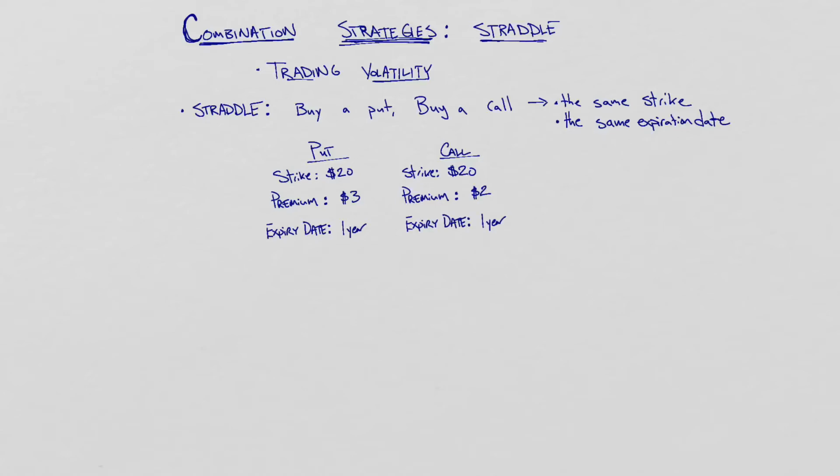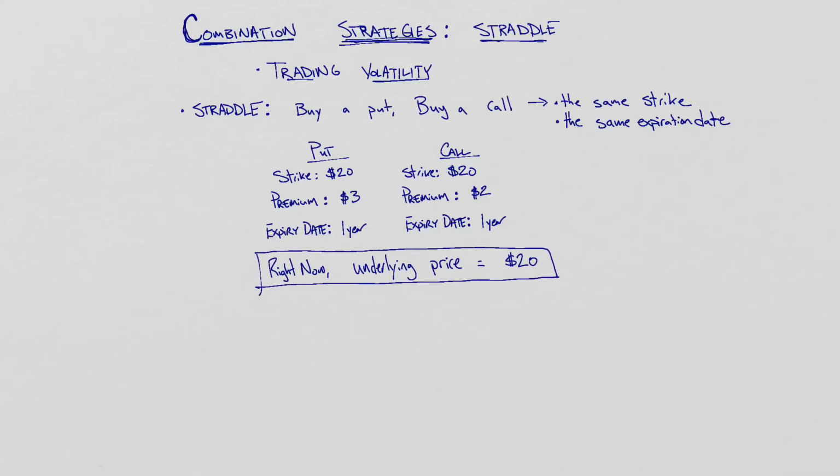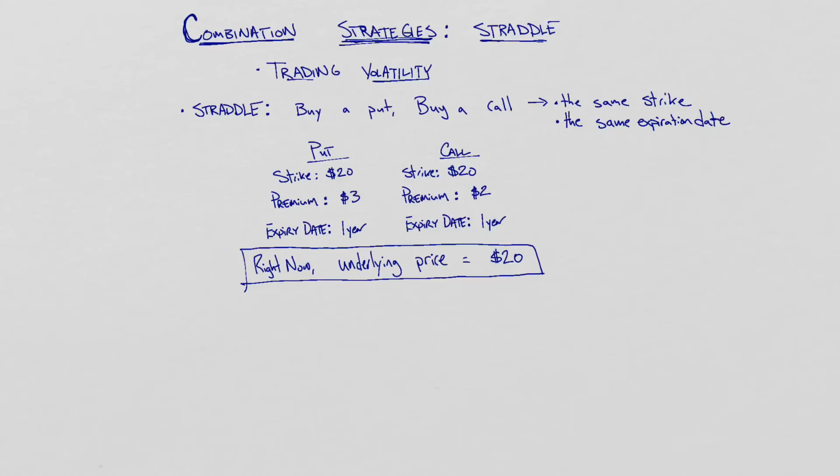And let's say that these are at the money options. That means right now, for the underlying stock that these options are both written on, the stock price is $20. When you're doing this strategy, if you're not making a true directional bet on whether you think the price is going to go up or down, you actually have to be trading at the money options.